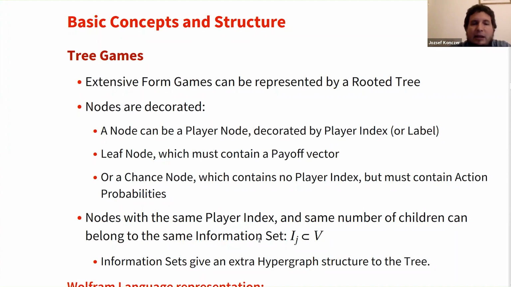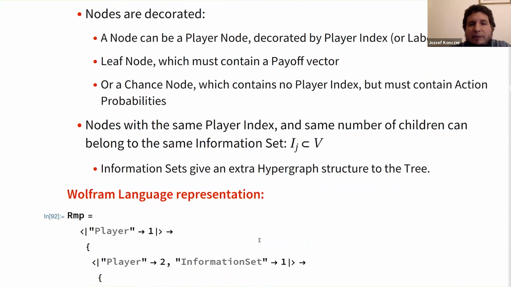And here again, there is a restriction or a possibility. You can decide from which side you want to look at this. So nodes with the same player index and the same number of children can belong to the same information set. And information sets give an extra hypergraph structure to the tree.